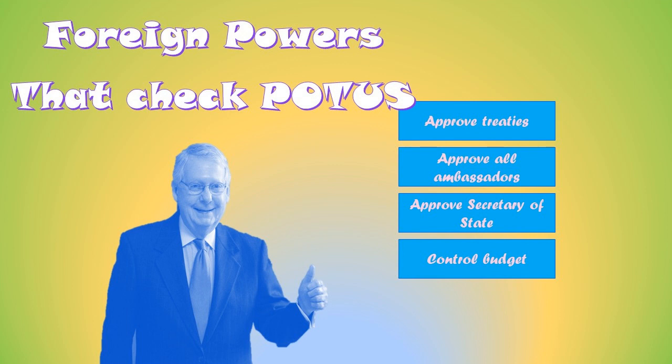If the president negotiates a treaty with another country, it is up to Congress to ratify that treaty. They have to vote on that and agree by 2/3 that that's a treaty that the United States will enter into. The president picks all ambassadors. He picks an ambassador to every other country in the world, but each of them has to be approved by Congress as well. So the Senate gets to approve who those people are.